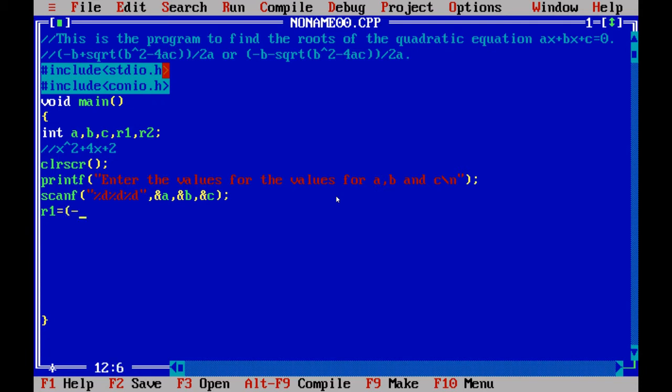we can apply the formula minus B plus the predefined function for calculating the square root of a number, which is sqrt.